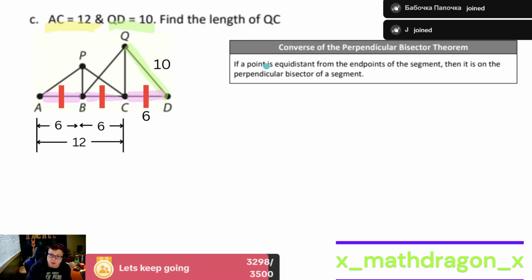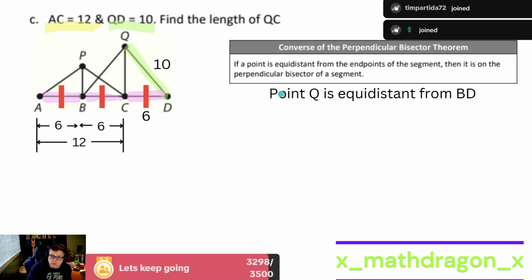Now, if a point is equidistant from the endpoints of a segment, then it's on the perpendicular bisector of the segment. So Q is equidistant from B and D, which it is because this segment is the same length as that one.